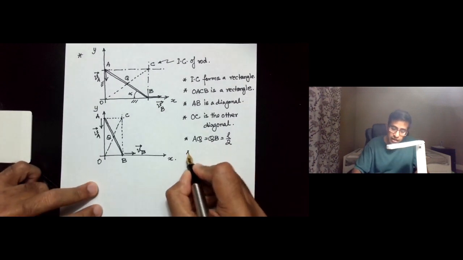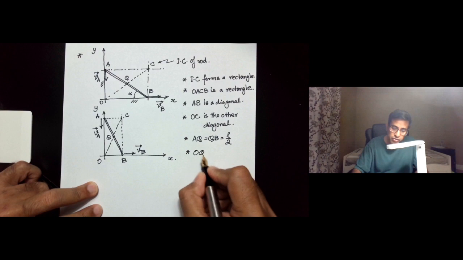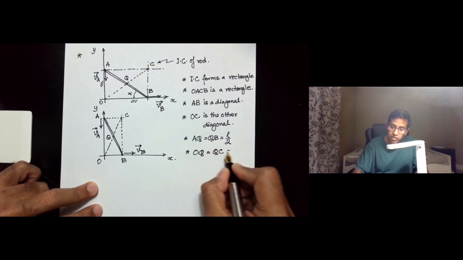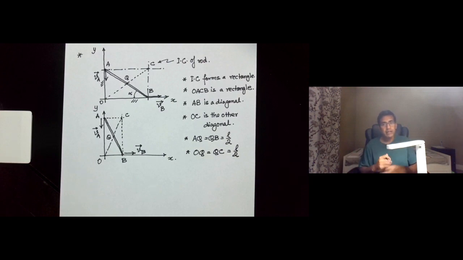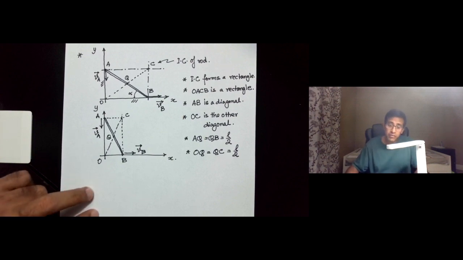So you can say that OQ is equal to QC is also equal to L over 2, because this is a rectangle, so the two diagonals are of the same length and bisect each other, so each of the segments AQ, OQ, BQ, CQ is going to be of length L over 2.